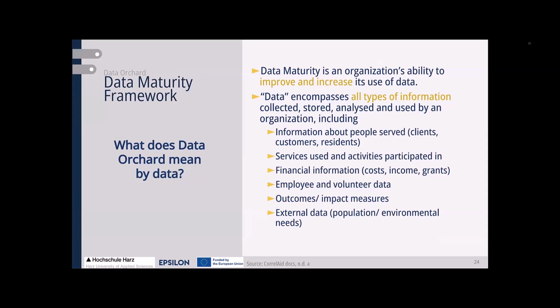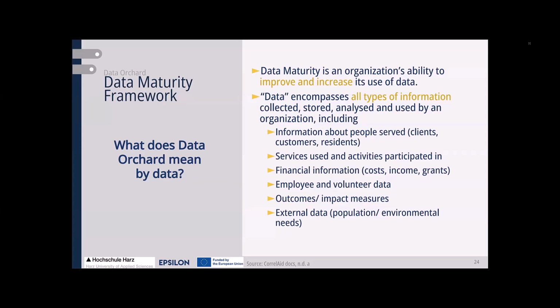So what does the Data Orchard mean by data, before we come to the data maturity index of Data Orchard? Basically the term data subsumes everything that is linked to data, and the data maturity is the ability to improve and increase its use of data. With data, Data Orchard means that all types of information which are collected, stored, and analyzed by an organization are subsumed under the name of data.